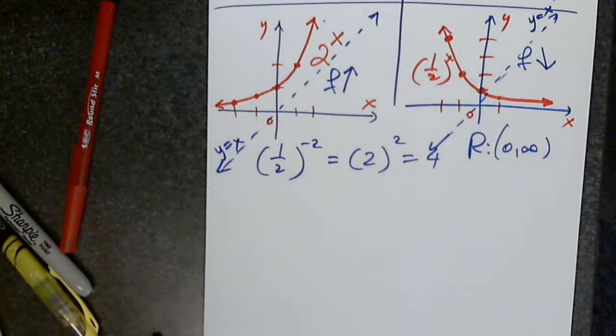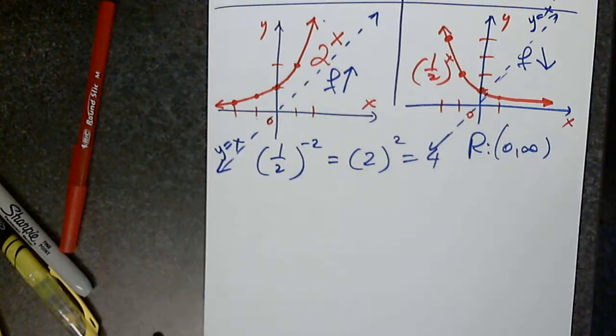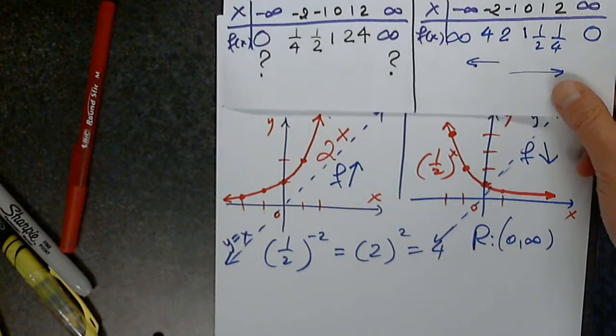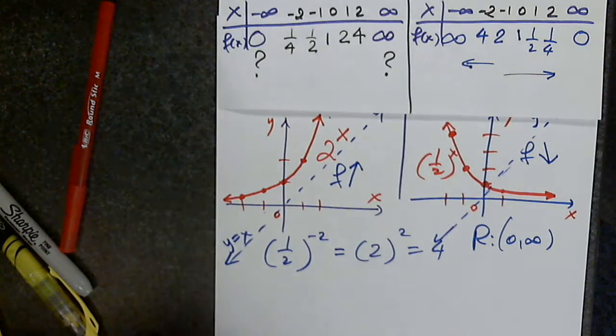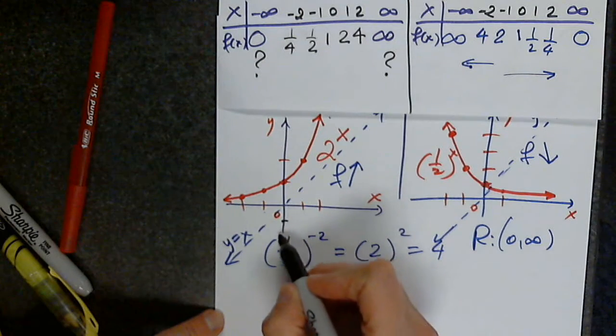Can anyone give us a few ordered pairs for the first inverse function so I can graph it? Here's the chart. They're just flipped, right? Yes. 1/4, negative 2.